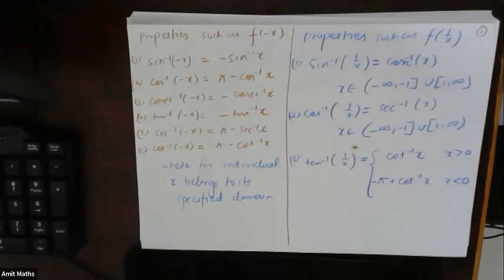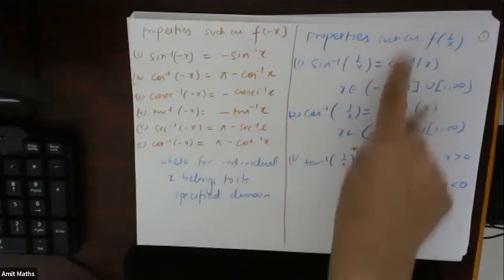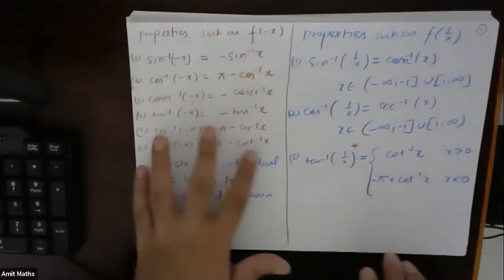Just check these properties, these we have done in the last class also. Just write them once and write these also, right?